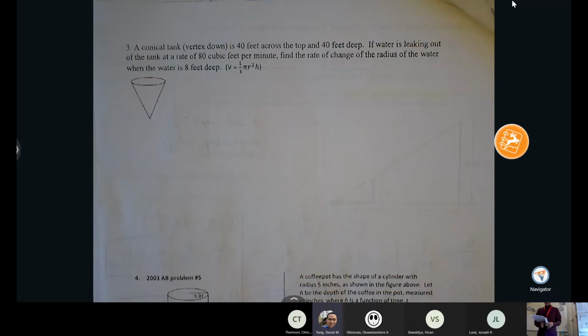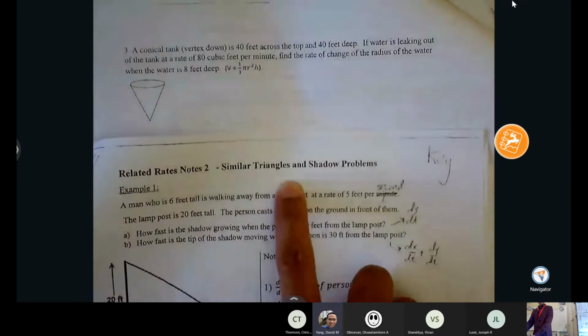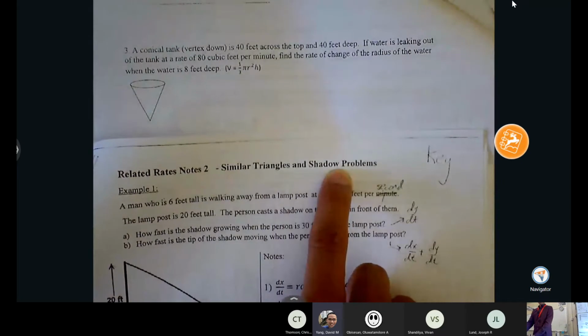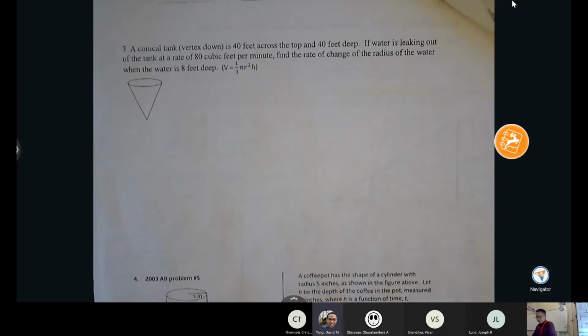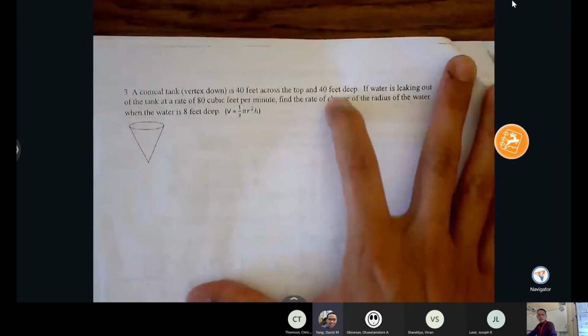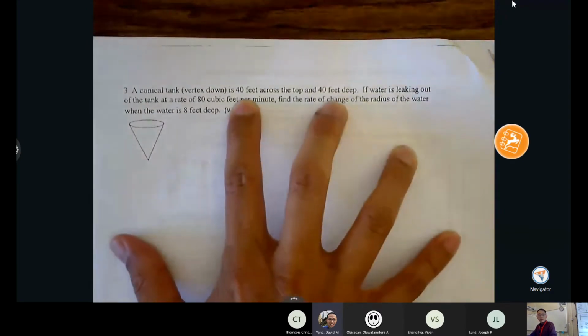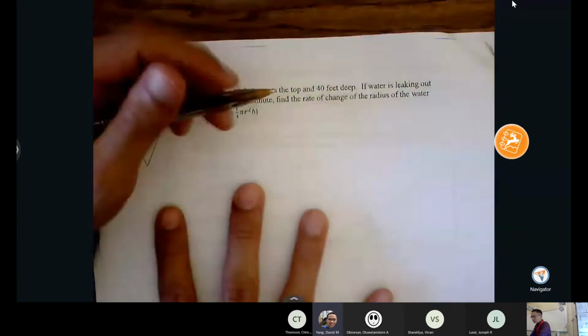This is number 3. This is on the back of the notes for my students. Similar triangle shadow problem, second page. All right, so 40 feet across, 40 feet deep.